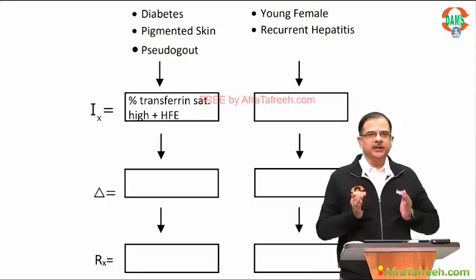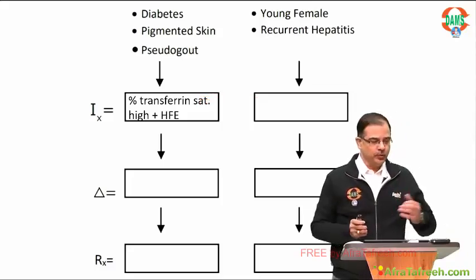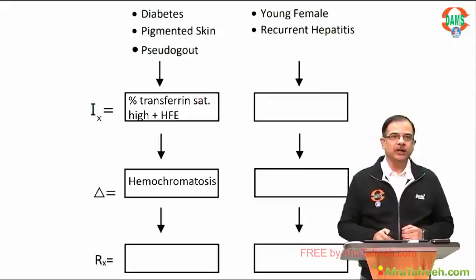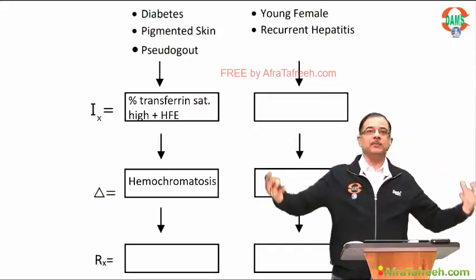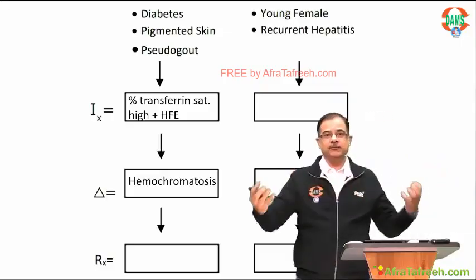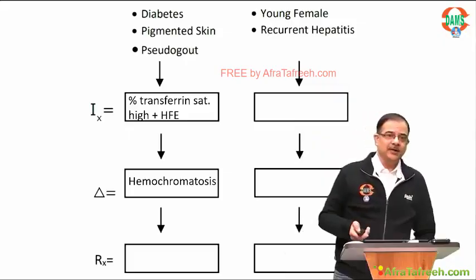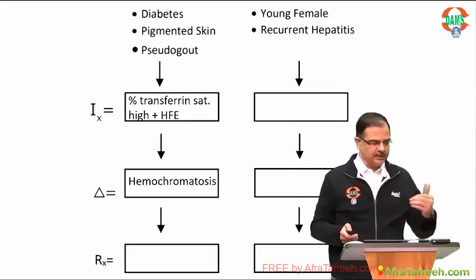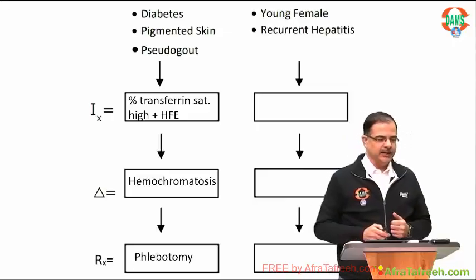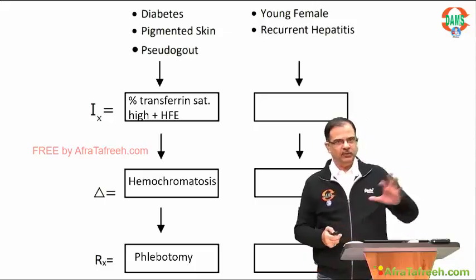This is 100% sufficient to make a diagnosis of hemochromatosis. That means with minimum information you have made a complete picture. You have analyzed the full situation, and this is expected from you. The treatment of choice for hemochromatosis, yes, this is bronze diabetes, is phlebotomy. So the treatment is phlebotomy. That was the first clinical case.